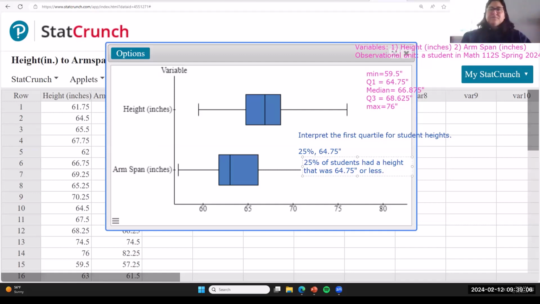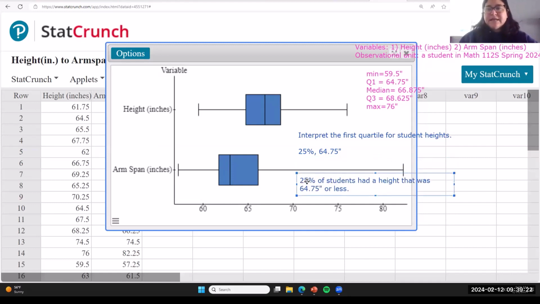Because to the left would be less. So that's how we're going to interpret our medians, quartiles, percentiles. So 25% of students had a height that was 64.75 inches or less. So that's this group we're looking at right here.